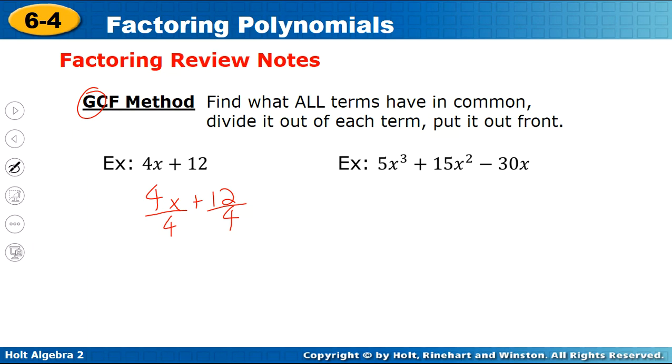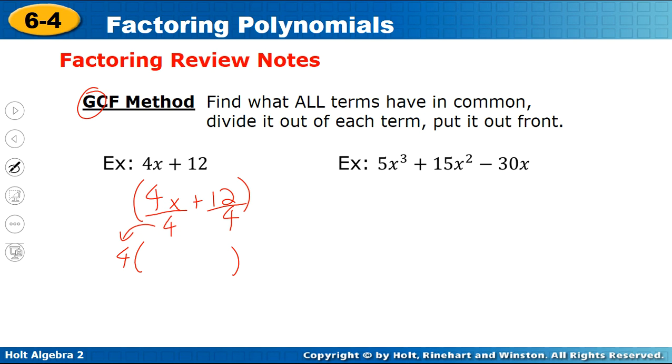So what we're going to do is divide a 4 out of each of these terms, and place that 4 in front of these 2 terms. For visual sake, I'll put parentheses there. Imagine we're dividing these terms by 4, and we're putting this 4 on the outside of the parentheses. We're only using one of the 4s.